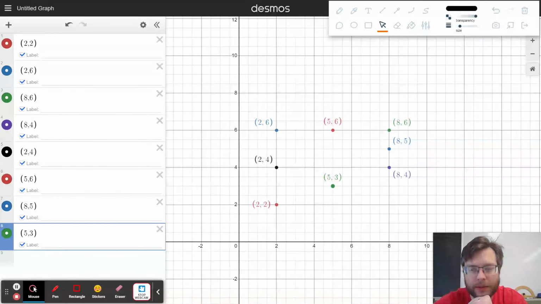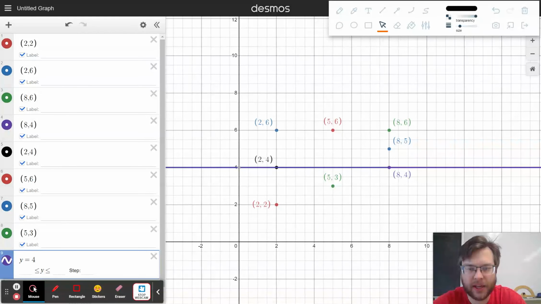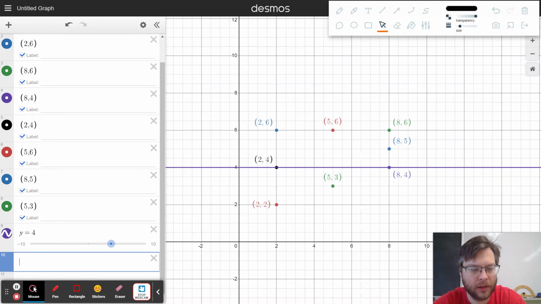So then what we're going to do is go perpendicular through those midpoints. So I'll do the vertical line and the two horizontal lines first. On the left side, horizontal line would be y equals 4. You can see that y equals 4 draws a horizontal line because every point on that line has a y value of 4.